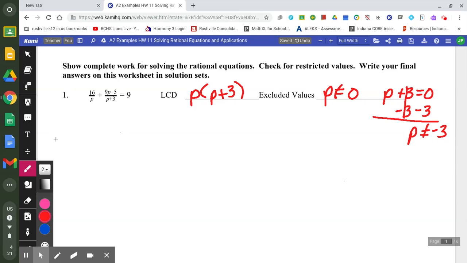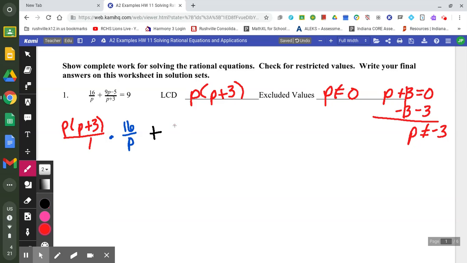So now we go back over here and set up our least common denominator, just like we did in class on homework 10. So I have p times p plus 3 over 1. It's going to multiply times the first term I have there, which is 16 over p. Then my plus sign.